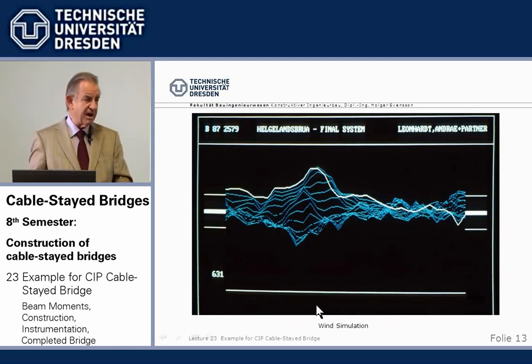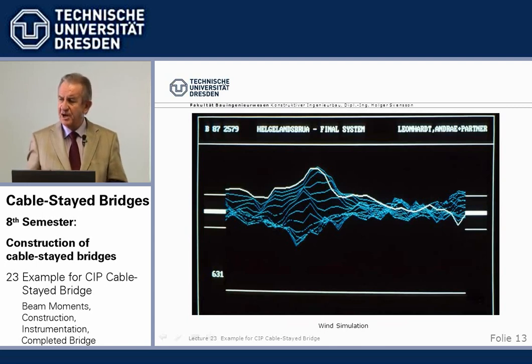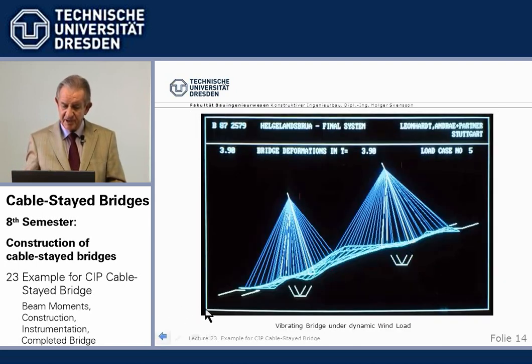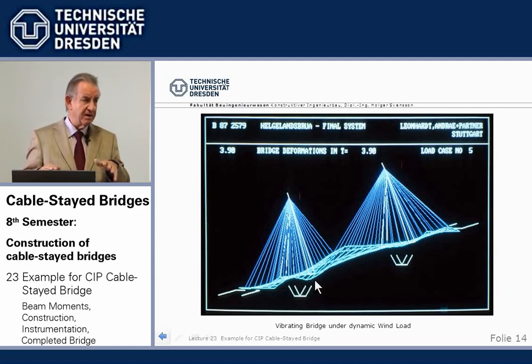There are 6 runs of, I think, 200 seconds or so, where different wind climates are created, which are placed onto the bridge, this theoretical wind, which is okay in the boundaries as measured on site. And as a result, we then have the bridge oscillating, vibrating, and we can see all the dynamic effects.